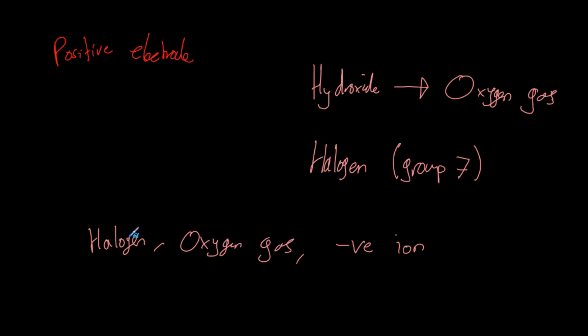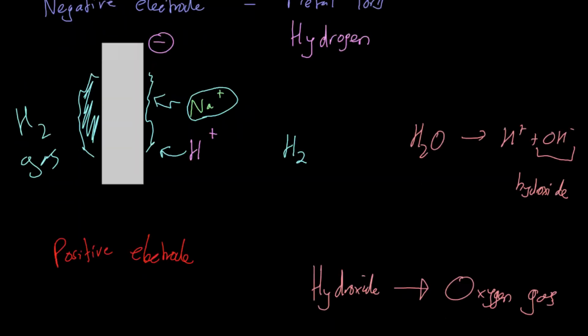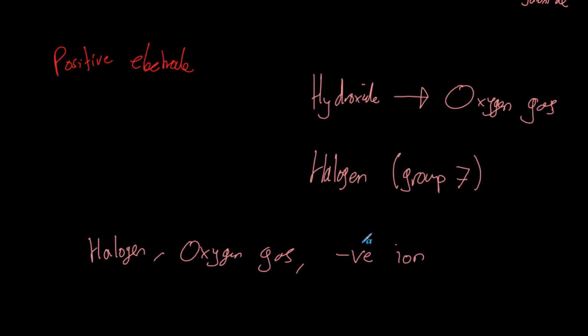And if you've got fluorine or chlorine or bromine or iodine, they are even more likely to form than the oxygen gas from the hydroxide. So they're the rules you need to remember. You don't need to know specifically why this occurs. Obviously with the negative electrode, you need to know it's due to the reactivity. But with the positive electrode, just learn these rules and you'll be okay.